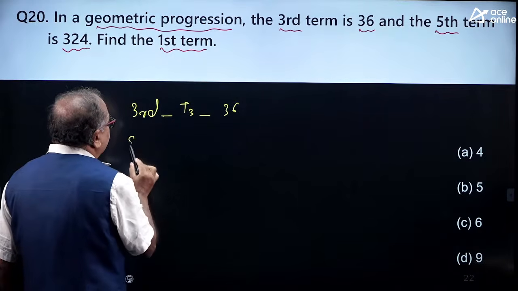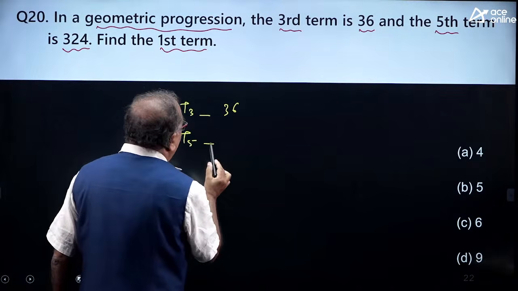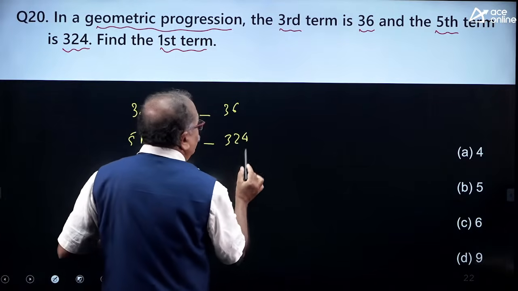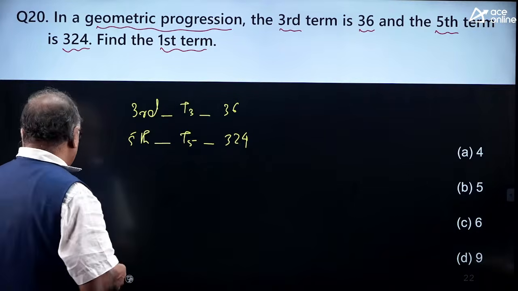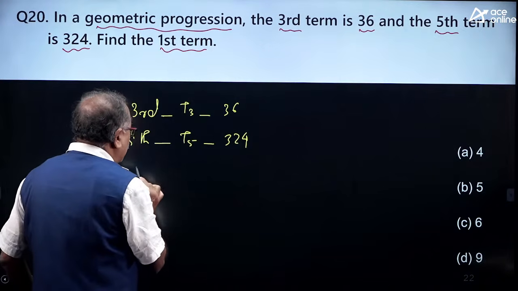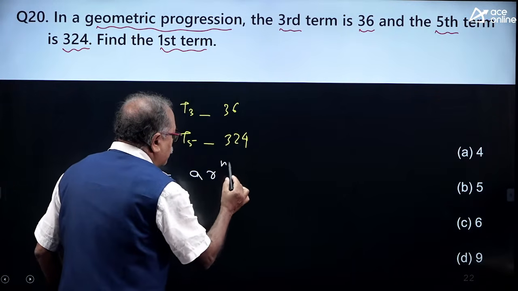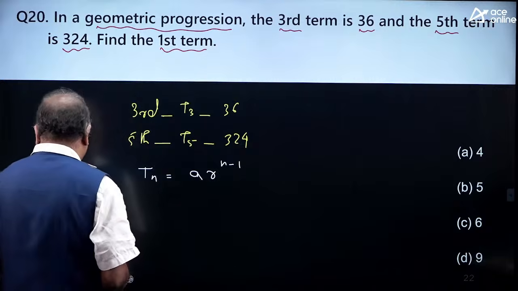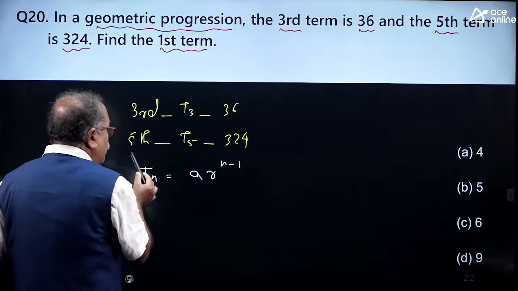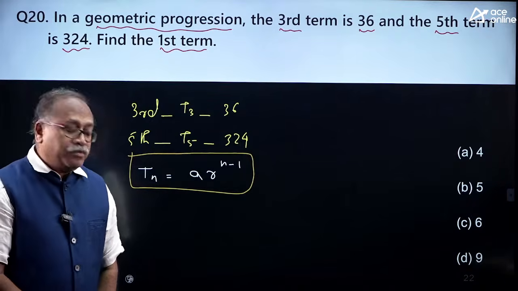We have the fifth term, T5, and its value is 324. Am I right? A small formula, if you are familiar with it: Tn is equal to a r to the power n minus 1.